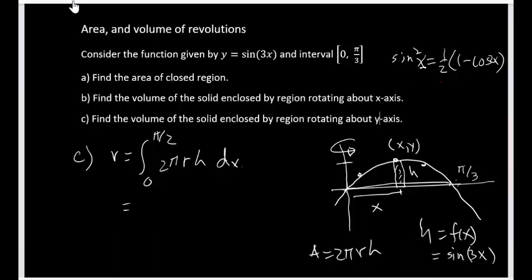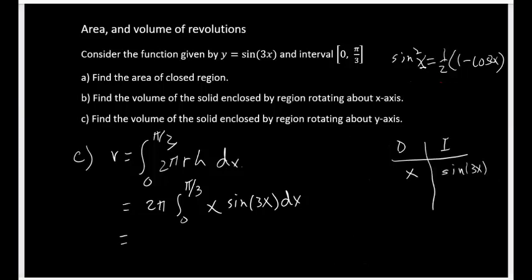So then we are getting now 2 pi, I can take outside, 0 to pi by 3. My r is x and h is the function sine 3x dx. Now when you are doing this integral, you know it is integration by parts. So we'll do that one, integration by parts with the tabular method.